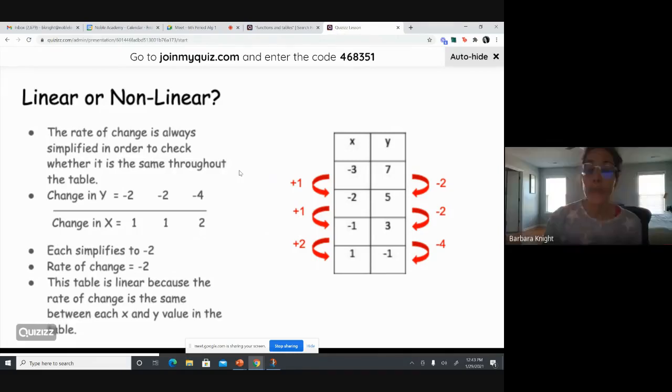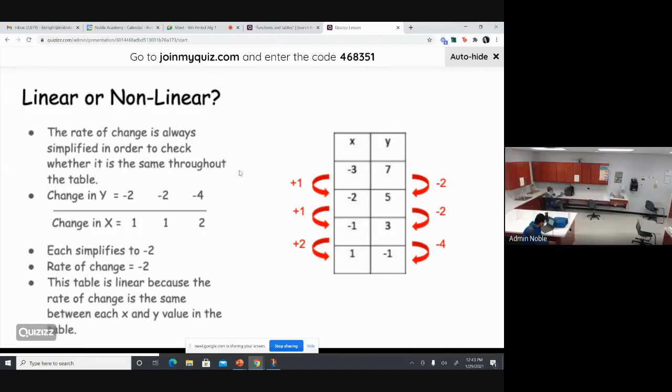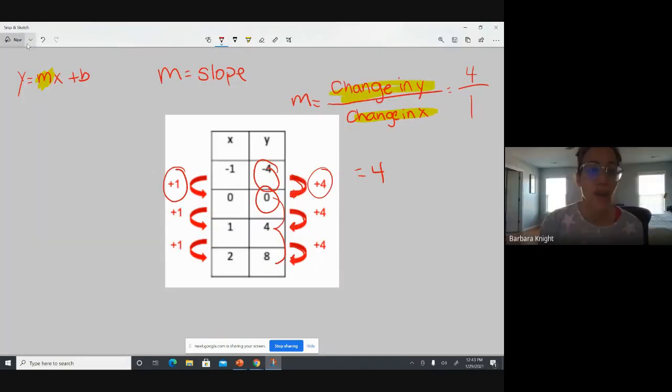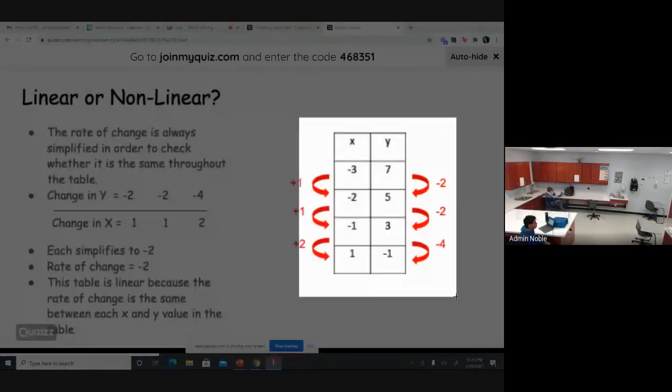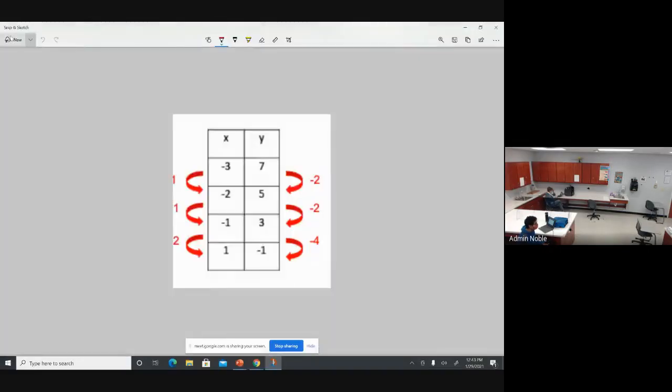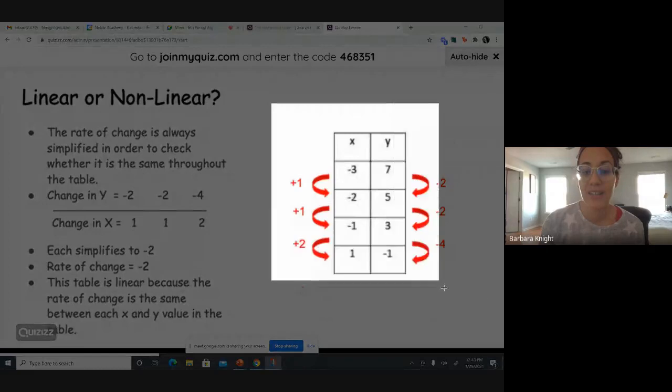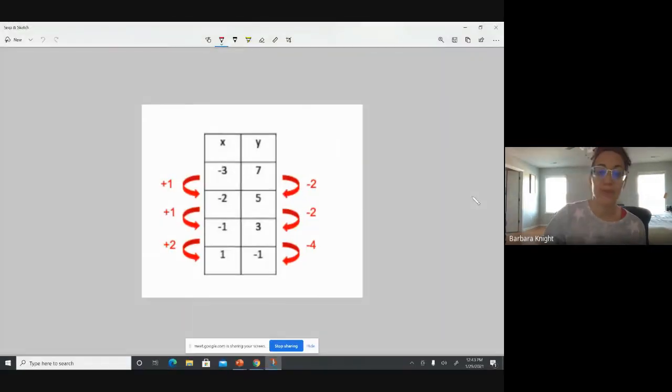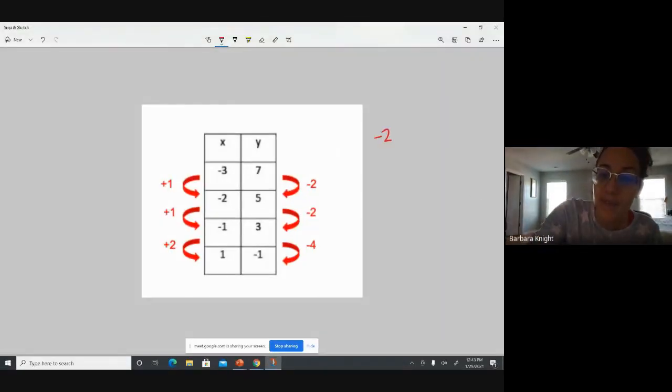Nonlinear. Well, why do you say that, Joshua? Because as it goes over to -2, -2, and then goes to -4. All right, hold on, let me show you here. So remember, -2/1 is the first one.